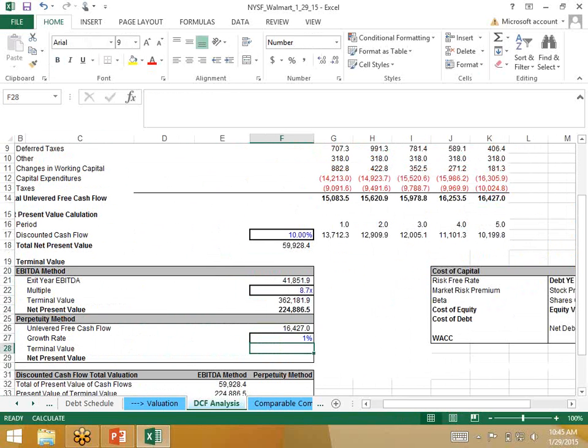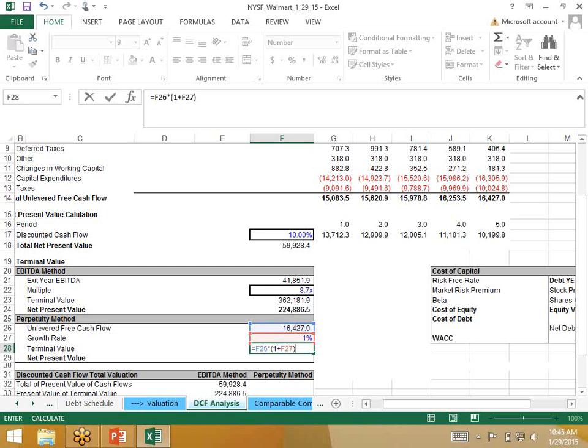The terminal value, which is just the formula you have to memorize, is going to be equal to the unlevered free cash flow times, open parentheses, 1 plus the growth rate, 1 plus the 1%, close parentheses.